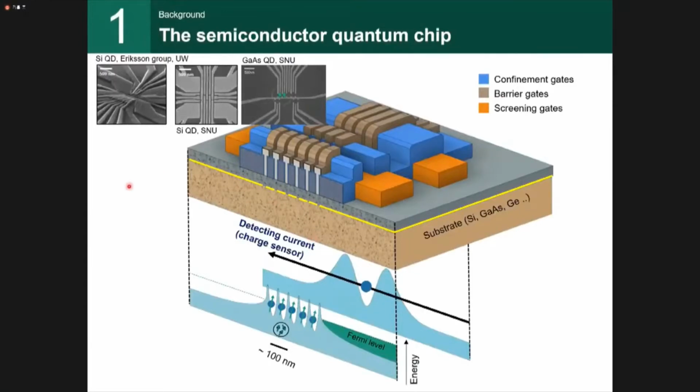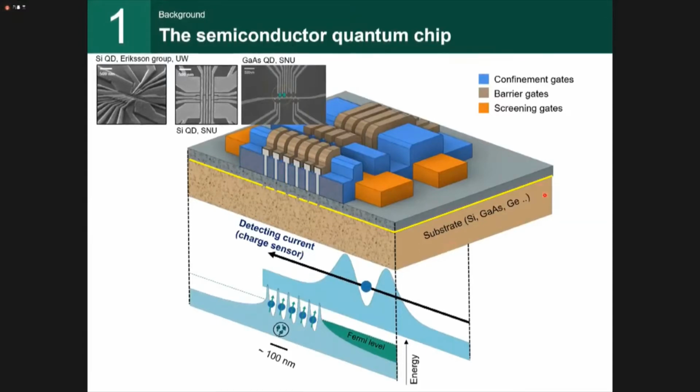I will briefly recap what Michelle just talked about, and I will focus more on gate-defined quantum dots rather than donor-based quantum computing. The picture you are seeing here is a basic structure of the so-called overlaid gate structure of a gate-defined quantum dot.